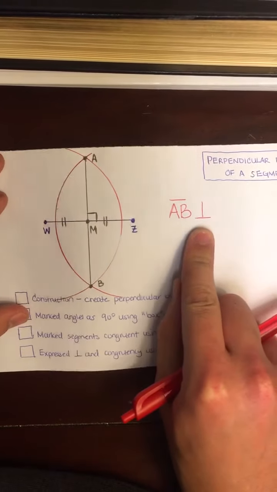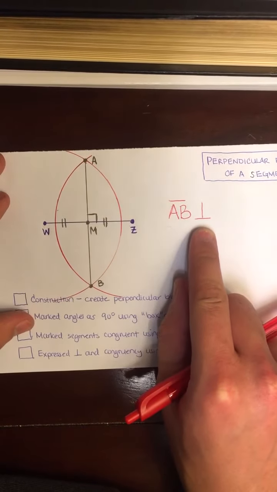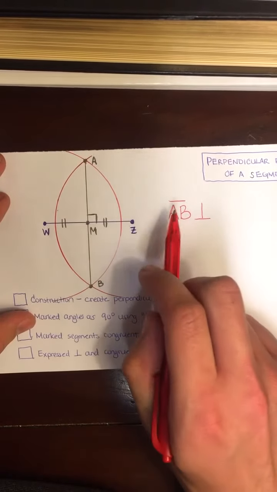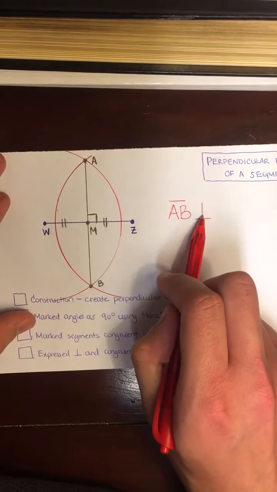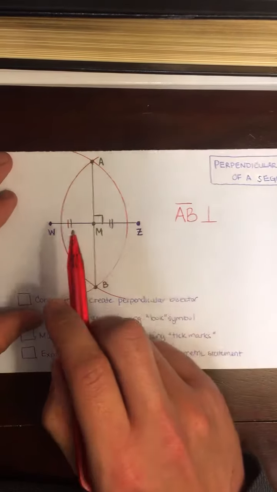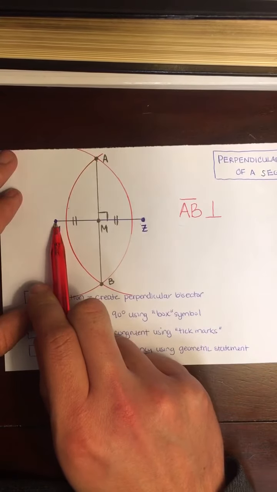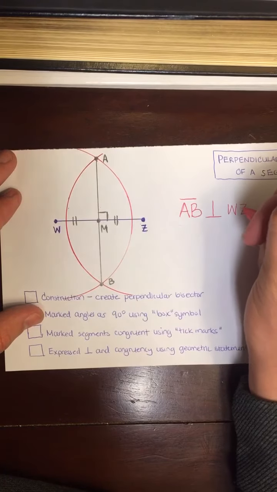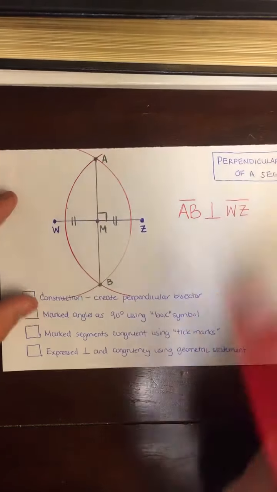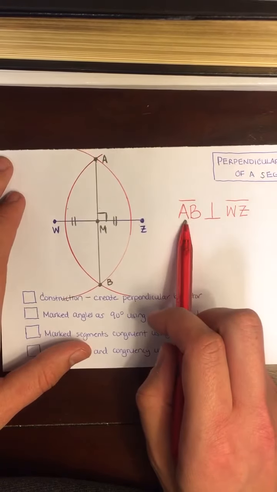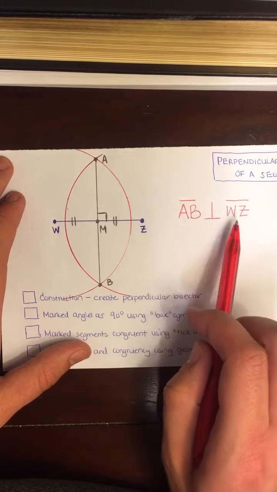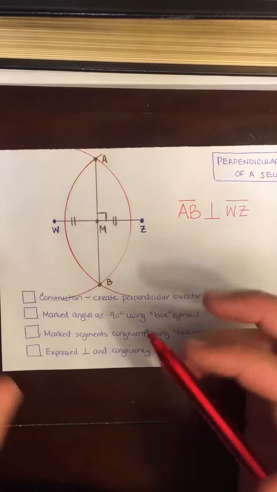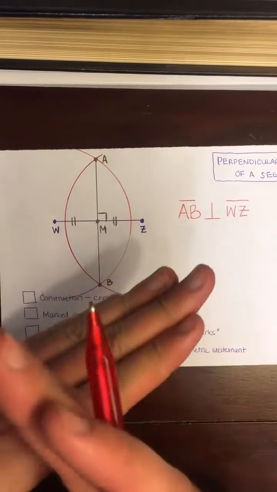That symbol I just wrote, it looks like an upside down T, is just read as perpendicular to. So line segment AB is perpendicular to my other line segment, WZ. So line segment AB is perpendicular to line segment WZ. And that's essentially communicating that those line segments are perpendicular to each other.